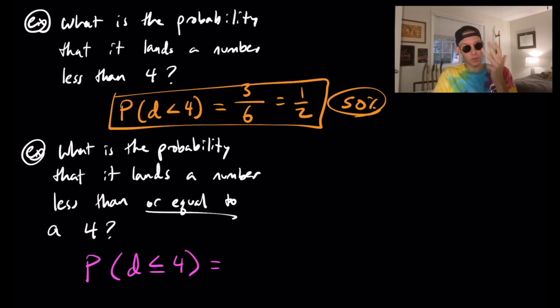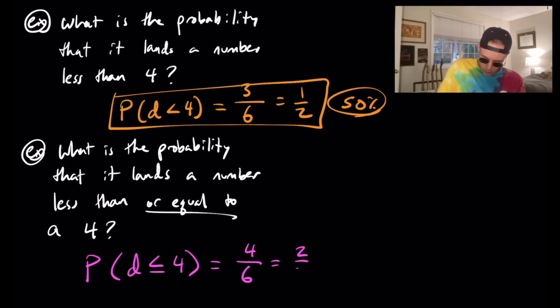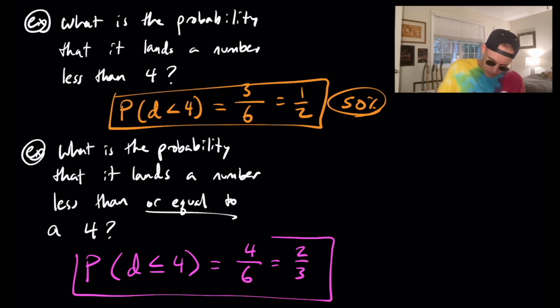So we're going to include that 4 this time. So there are 4 favorable outcomes, rolling a 1, a 2, a 3, or a 4, out of 6 total possible outcomes, right? The 1, 2, 3, 4, 5, or 6. Let's reduce this to 2/3. There's our answer. Probability of rolling a number less than or equal to 4 is 2/3.